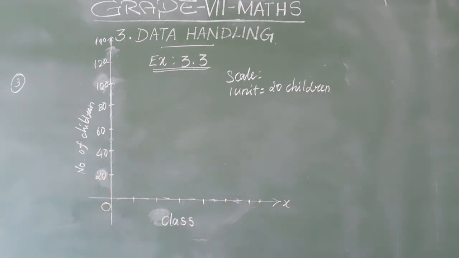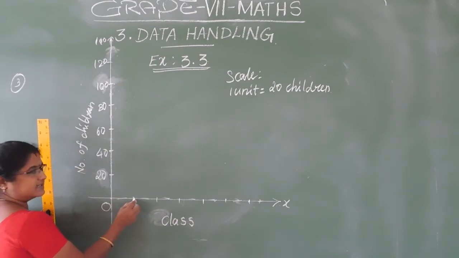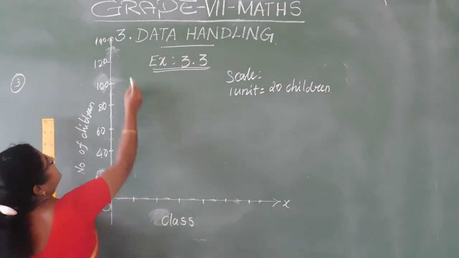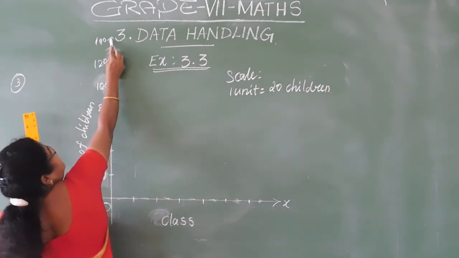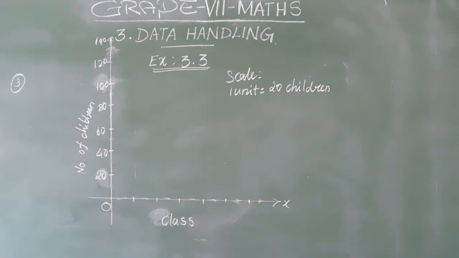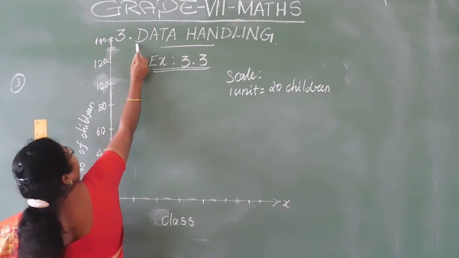Now we have to draw the bar graph for each class. First, 5th standard. For 5th, 135. So leave one unit at the first. After that, 135 is between 120 and 140. How much? 130, then 5 a little more.